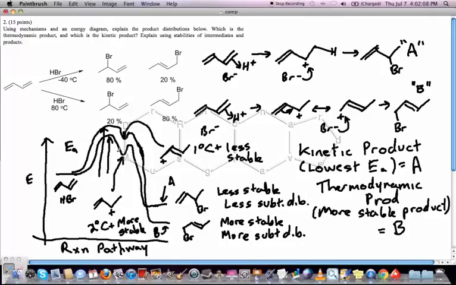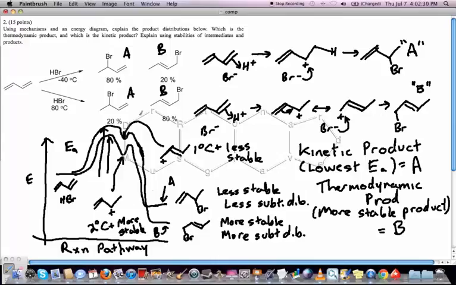So it'll go for the lowest activation energy. So the kinetic product will be this one because it has the lower activation energy. So that's A there, and that's B there. Right, so A is the kinetic product, it's got the lowest activation energy, it will form at low temperature.